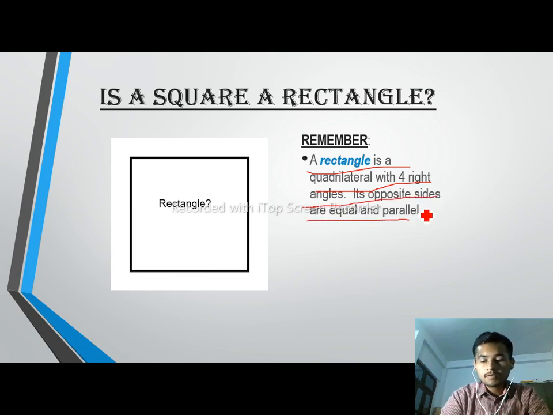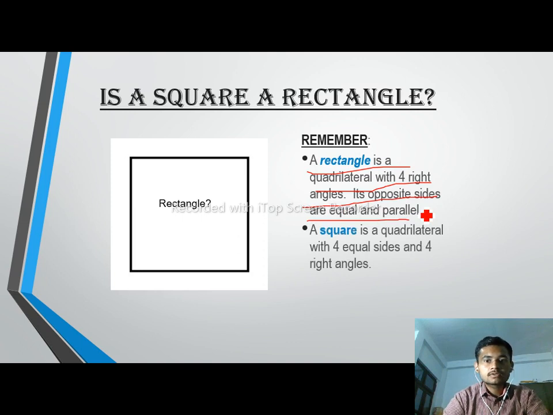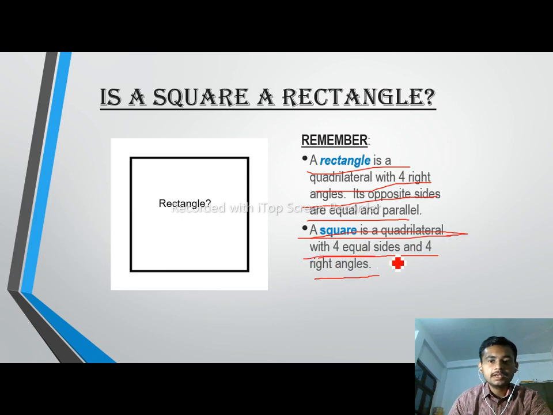Now let's see what you get with a square. A square is also a quadrilateral with 4 equal sides and 4 right angles. All sides are equal. So what is the difference between a rectangle and a square? The main difference is that a square has 4 equal sides, all having the same direction, parallel.